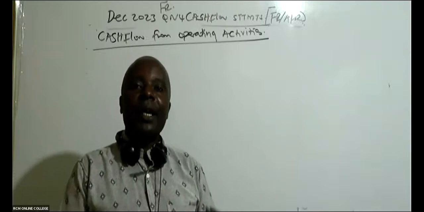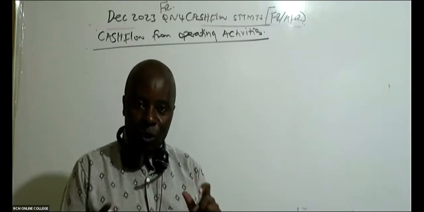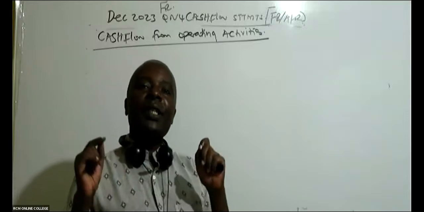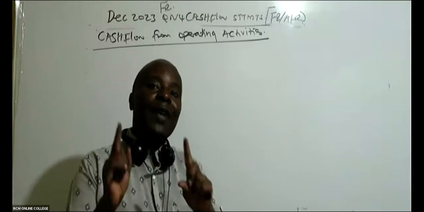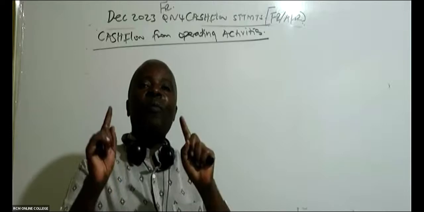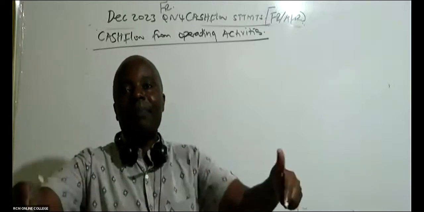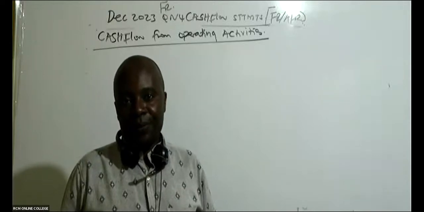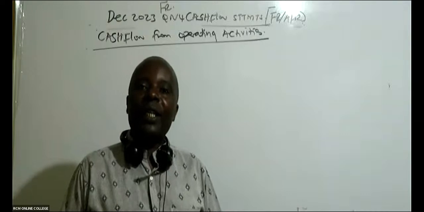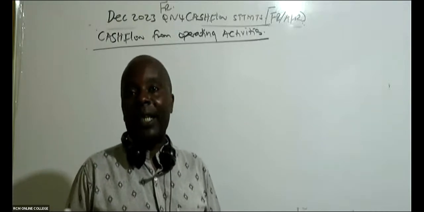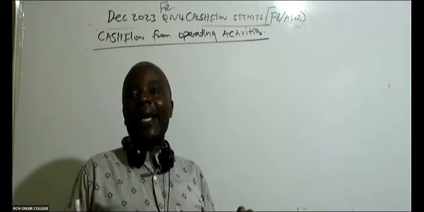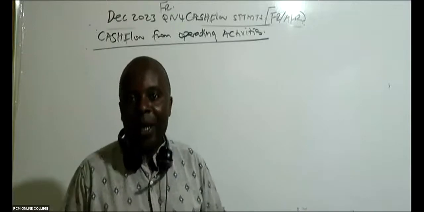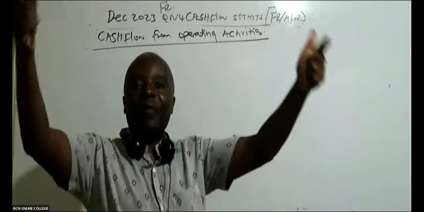Then we have cash flows coming from investing activities. We invest, for example, by buying shares of other companies, so we get dividends. We are also going to buy assets like property, plant, and equipment, and intangible assets. So we are investing for our longevity.